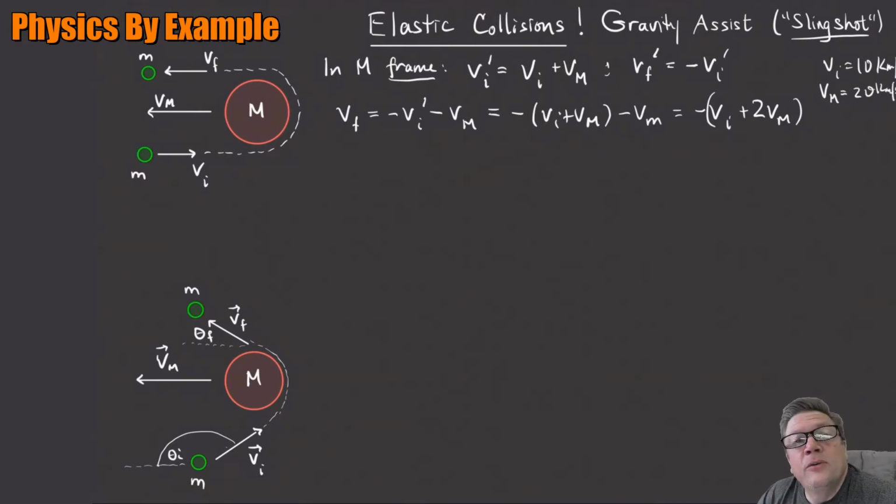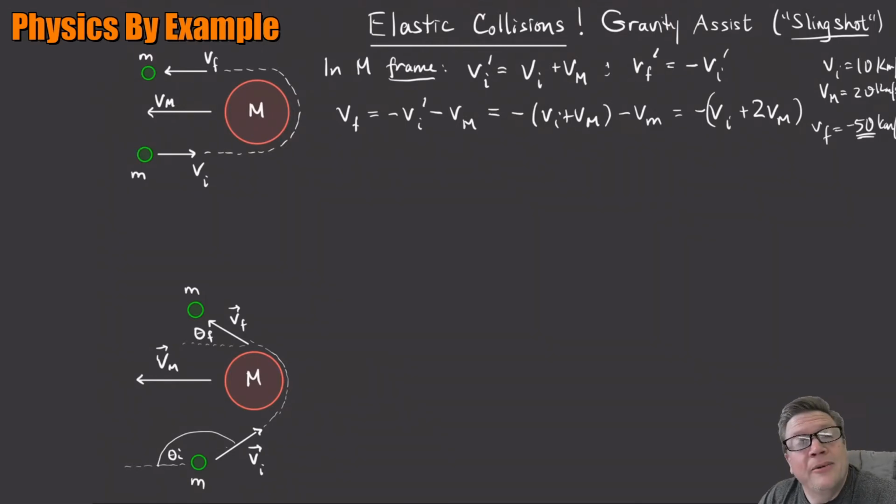If our spacecraft is going at 10 and the planet is going at 20 in the other direction, what is our final speed going the other way? Well, you take the 10 plus 2 times 20, so V final is minus 50 kilometers per second. Look at that. We've picked up 40 kilometers per second, an enormous amount of speed for free.